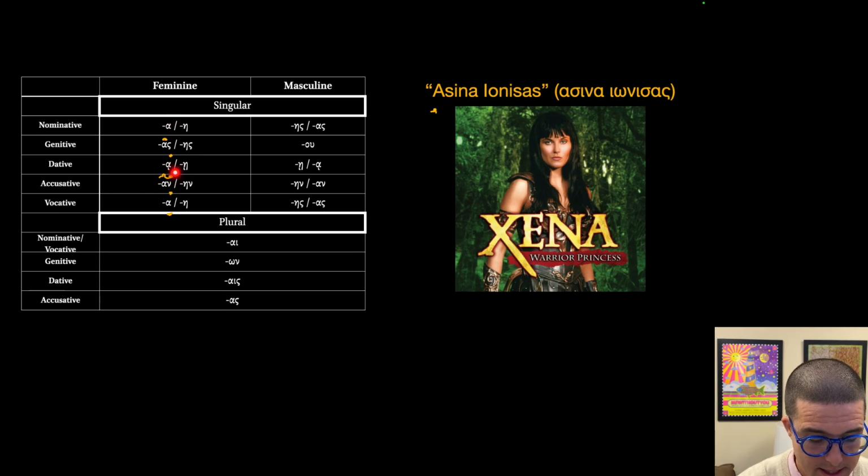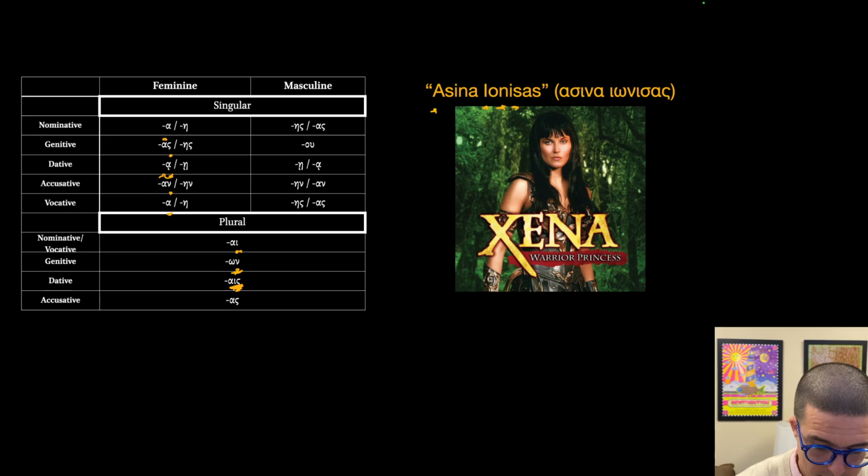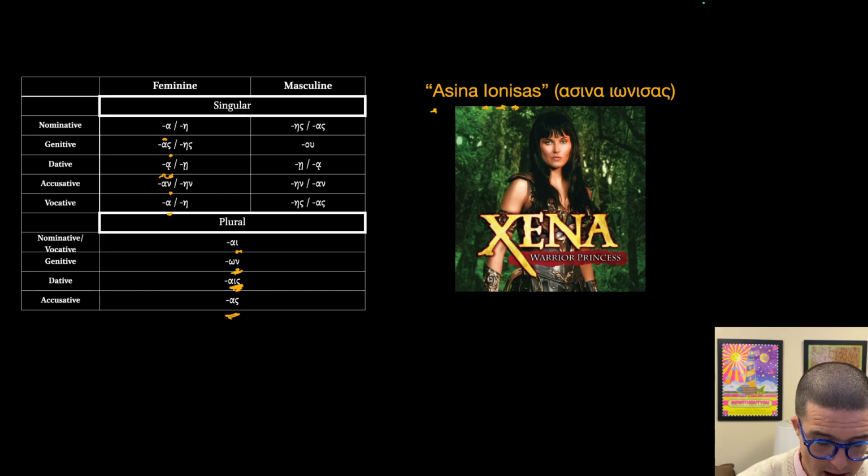So that's Asina, I, O, N. So I, then the O-N in English, omega nu, is I-S in English, or iota, sigma in Greek, and then alpha sigma in Greek, and then A-S in English.